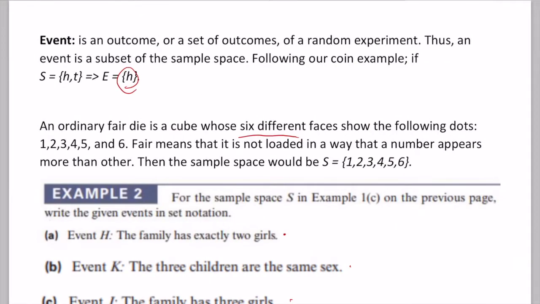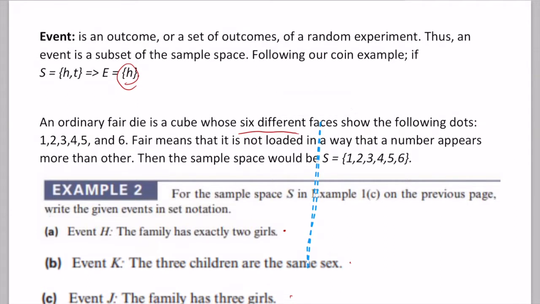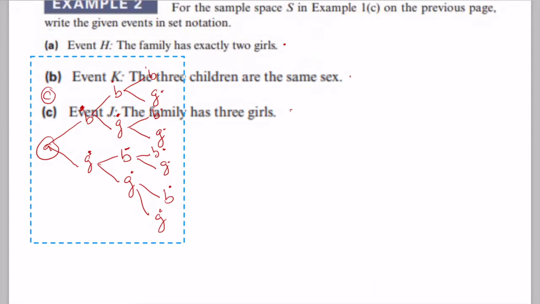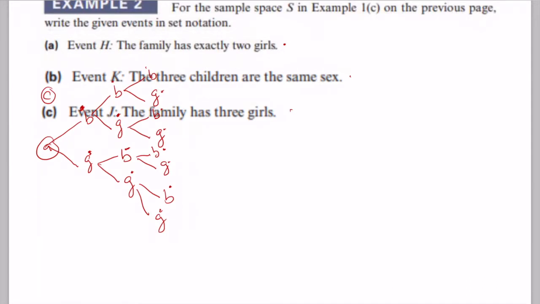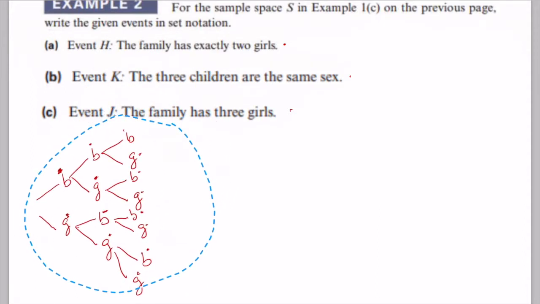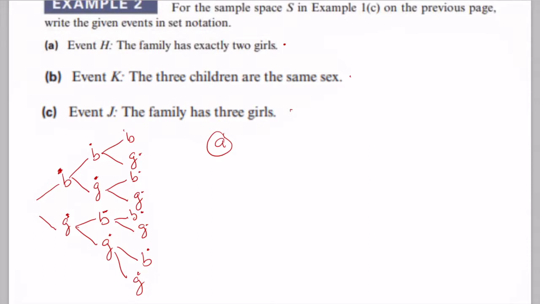Copy. Paste. Okay. So A. Event H. The three children are the same sex. So we have boy, boy, boy, and girl, girl, girl.